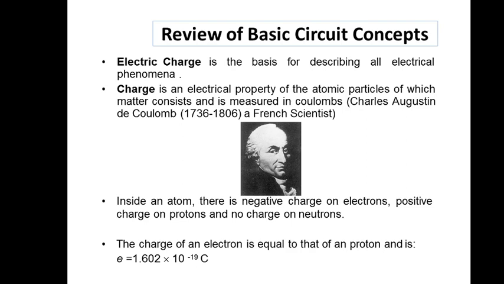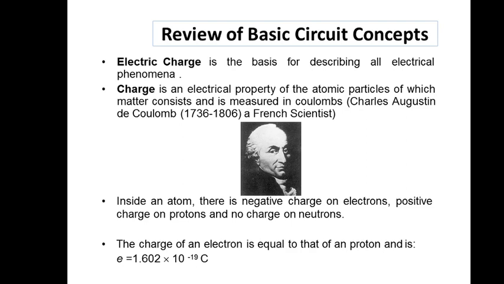Inside an atom, there is a negative charge on electrons, a positive charge on protons, and no charge on neutrons. We already know that the charge of an electron is equal in magnitude to the charge of a proton, and that value is e equal to 1.602 times 10 power minus 19 coulombs.